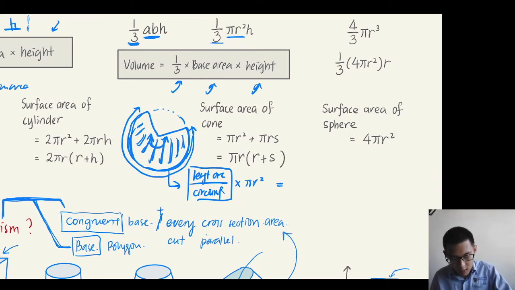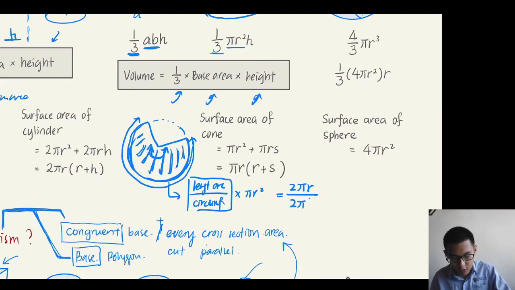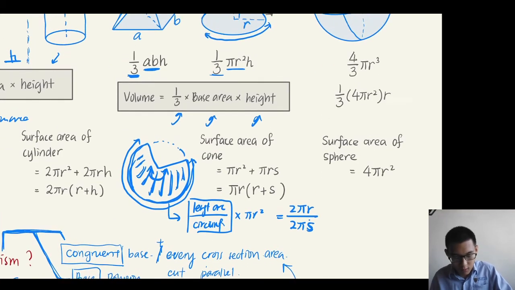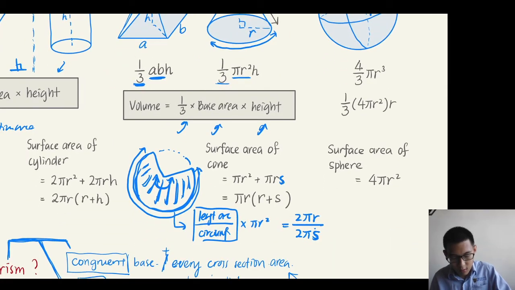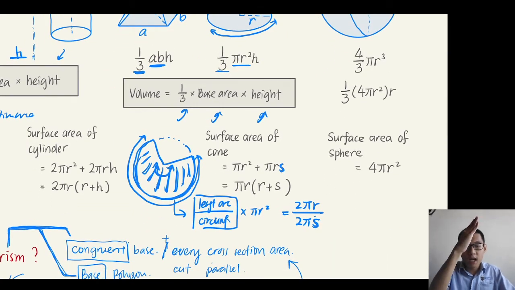The length of arc comes from 2 pi r, while the circumference is 2 pi s. I use s, or sometimes l, for the slant height, not h. So 2 pi r over 2 pi s, and then we multiply by pi s square.